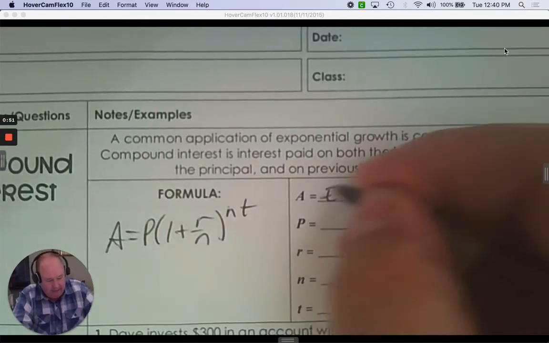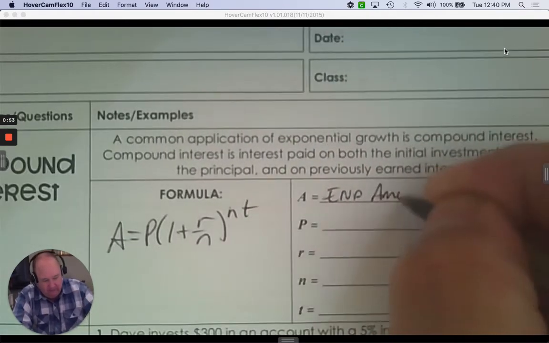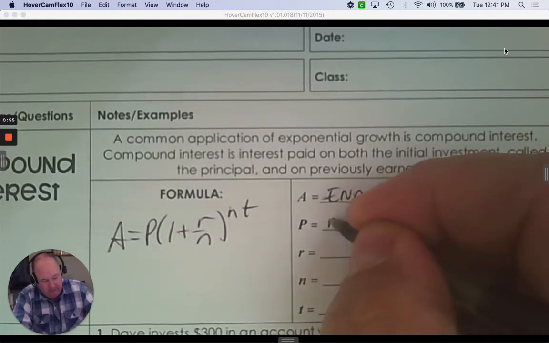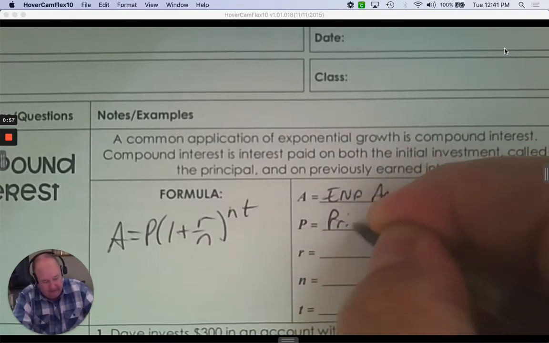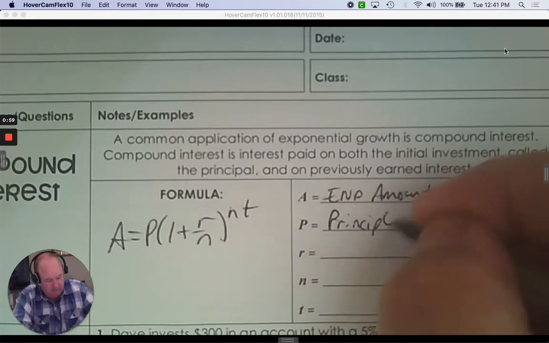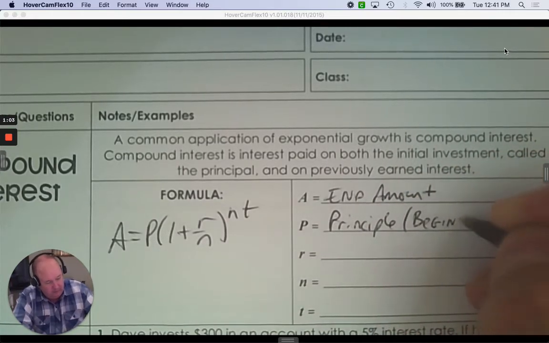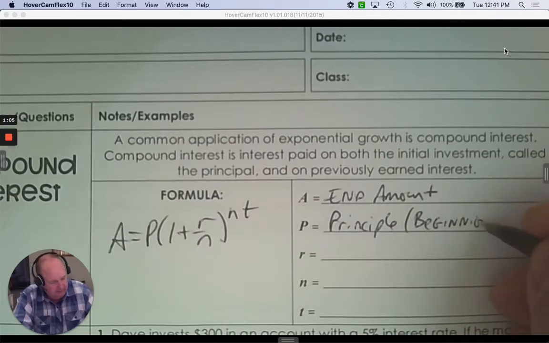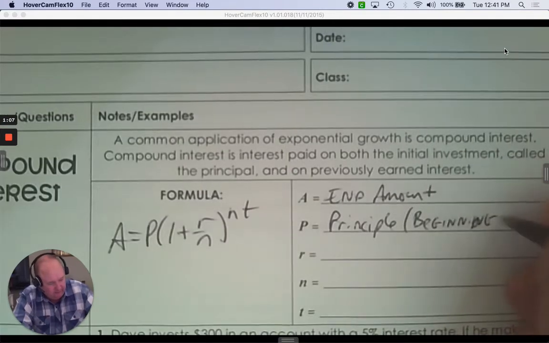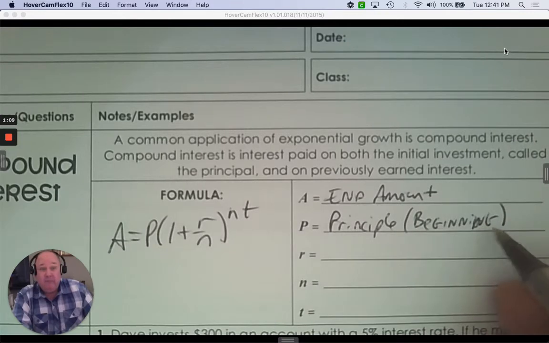A is the end amount. P is the principal amount, which is the beginning amount.